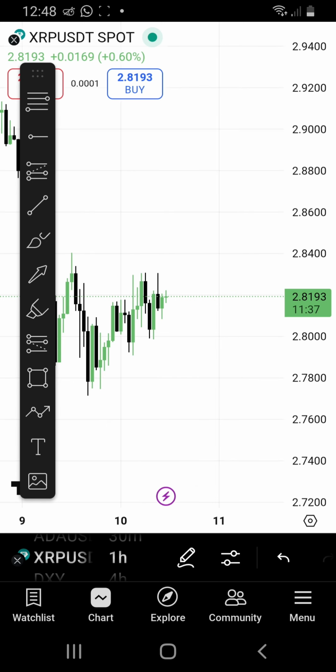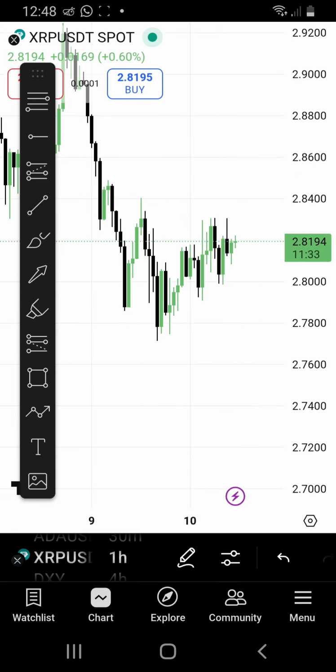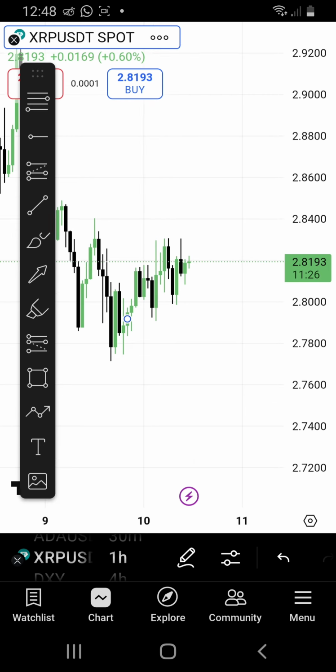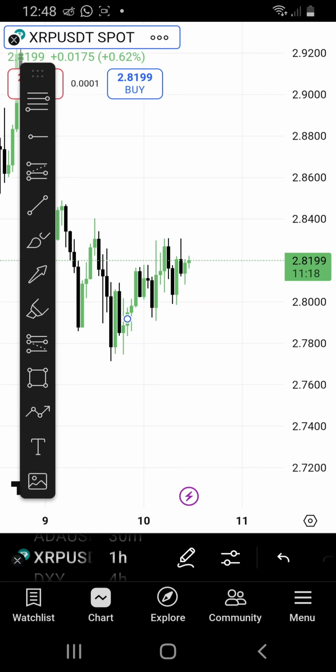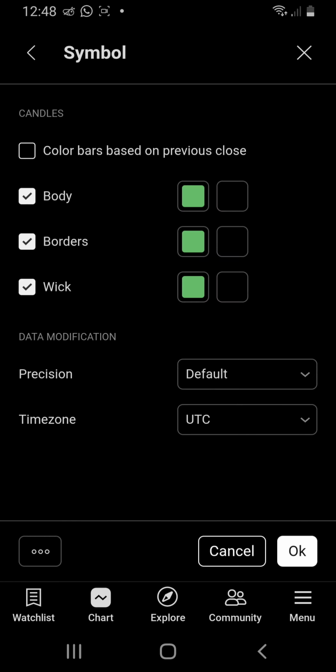What I want you to know is you can change the color of any chart like this. If you double click on the candlestick like this, you are going to change the color. You just double click, then you are going to change any chart color.